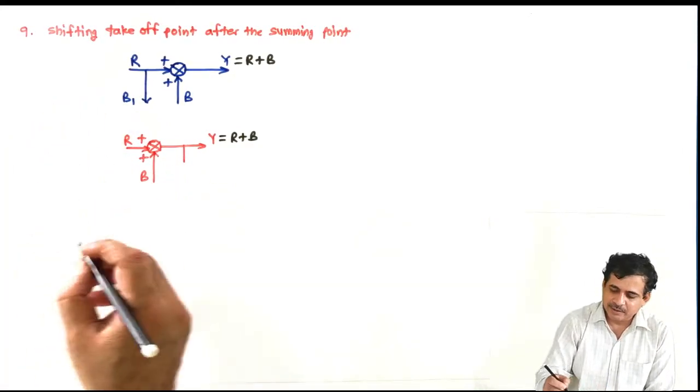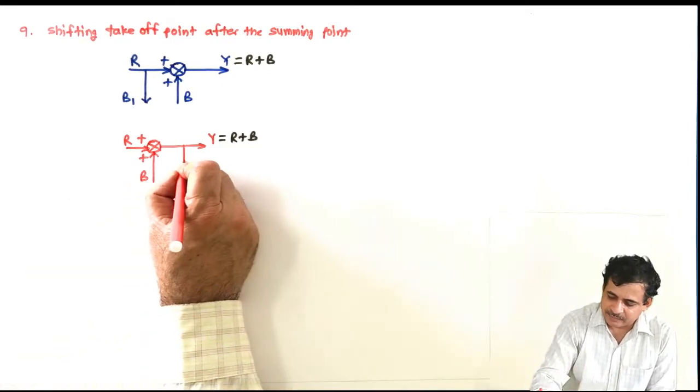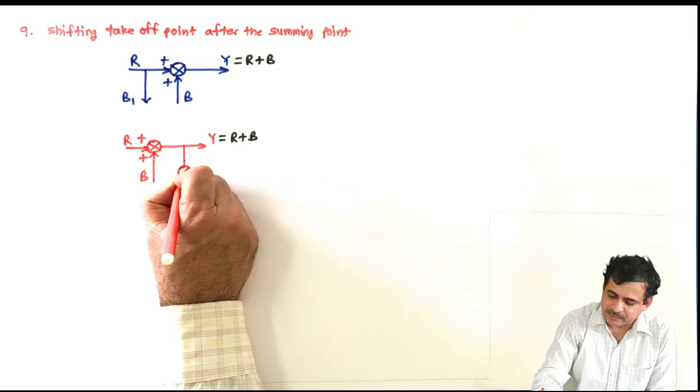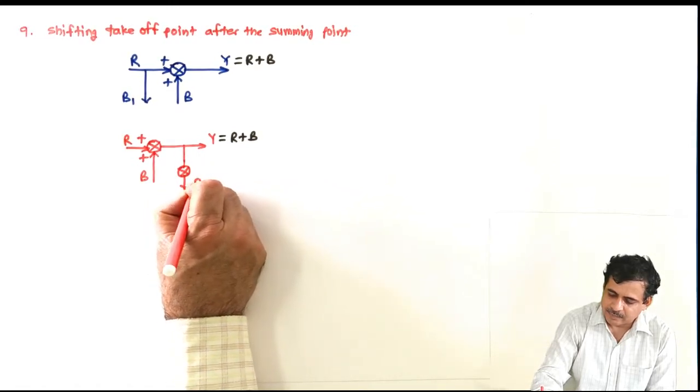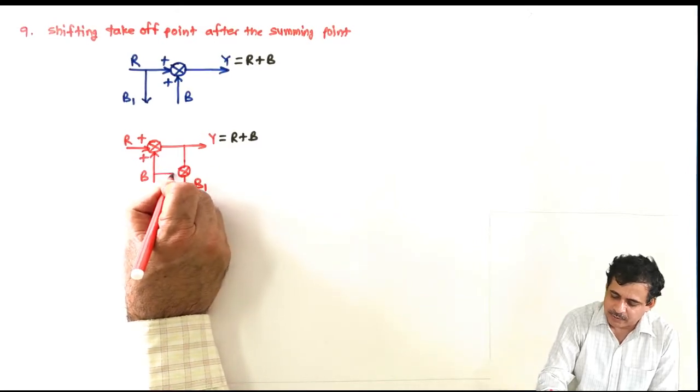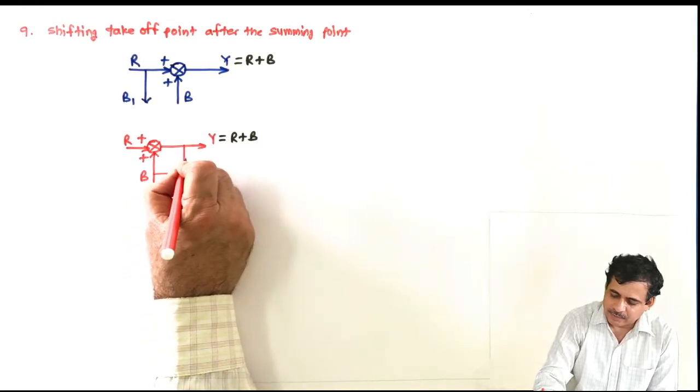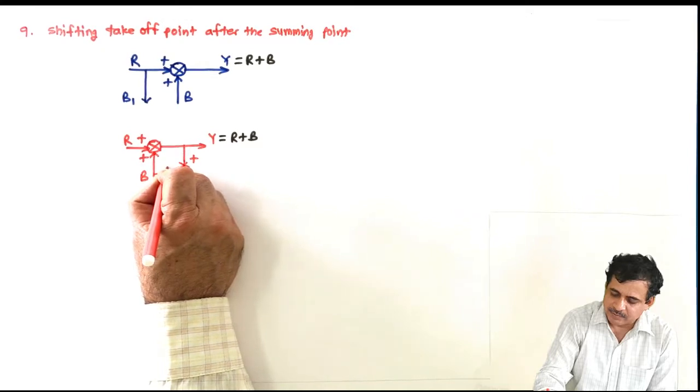And that is why we need to add here a summing point. Then only it will be B1, plus minus.